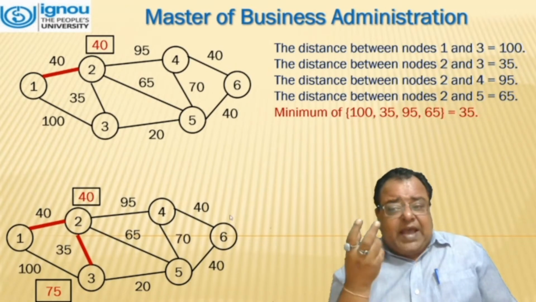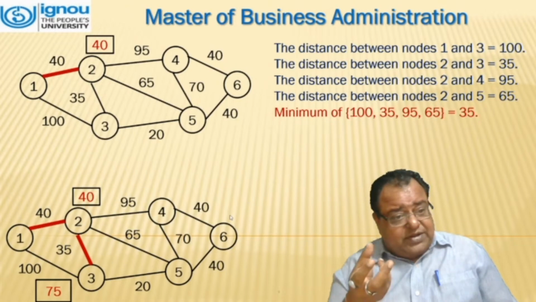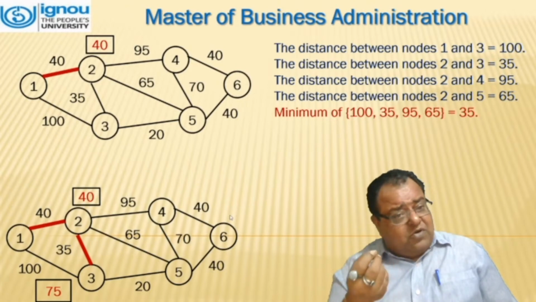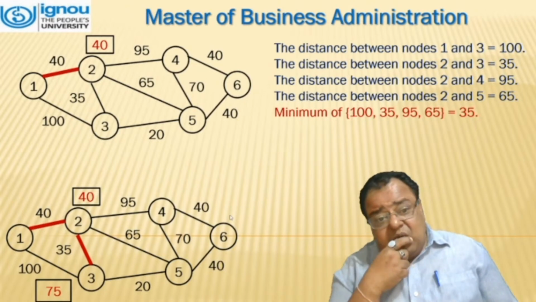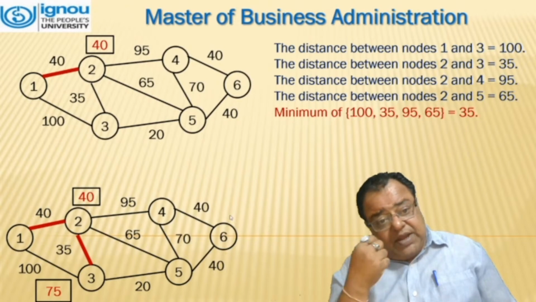That means we have to analyze the minimum distance in units. From 2 to 3 it is 35, from 2 to 5 it is 65, and from 2 to 4 it is 95. And from 1 to 3 it is 100. The minimum one is 2 to 3.